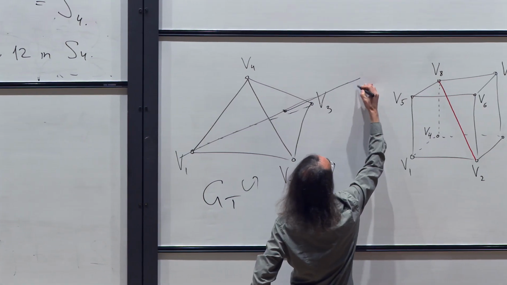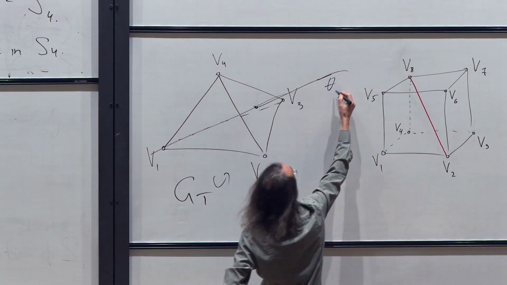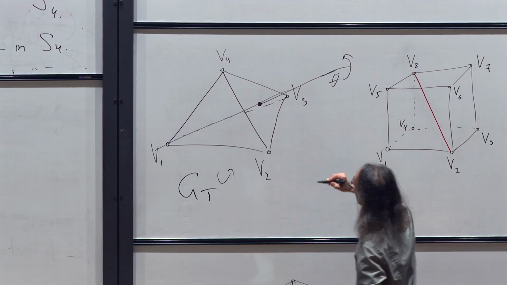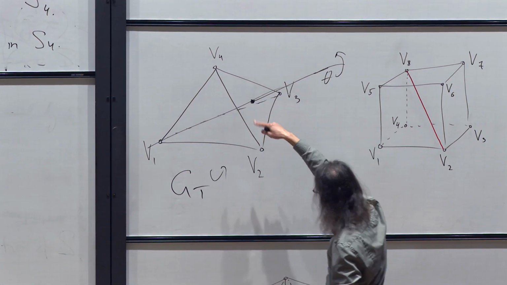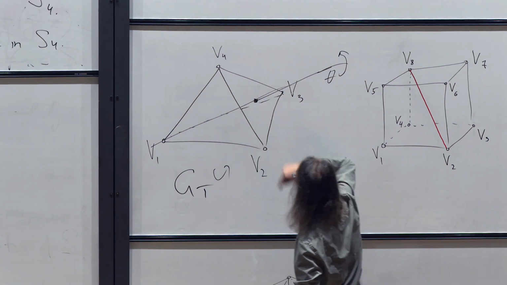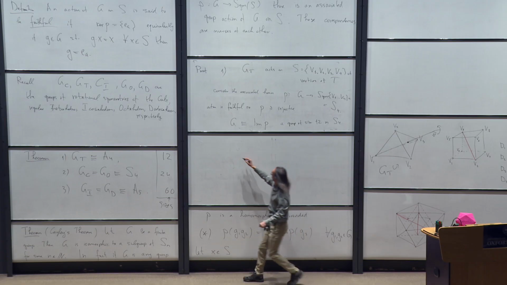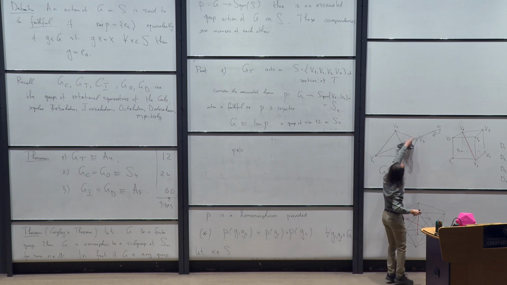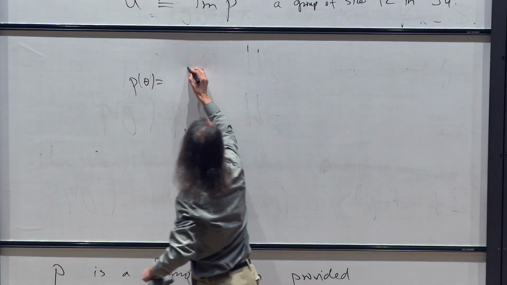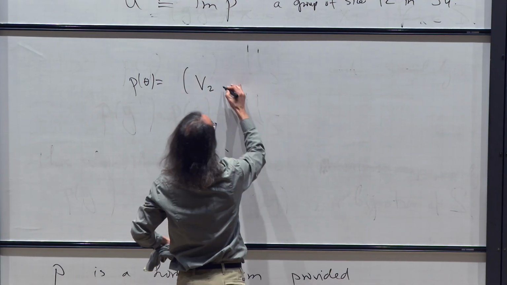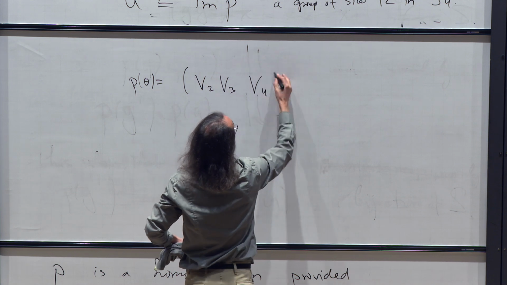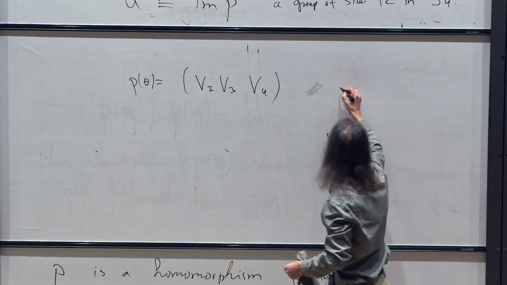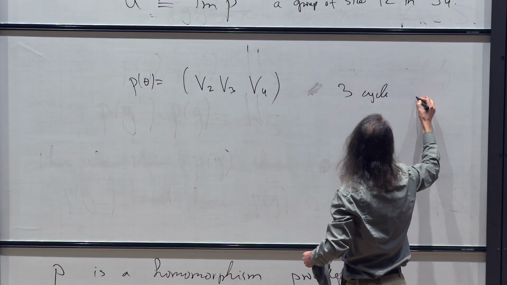So if I have this symmetry theta along the axis that goes through V1 and the midpoint of the opposite face, then rho of theta will correspond to the cyclic permutation of these vertices. It will be the cyclic permutation V2 goes to V3, V4, or its inverse. So it's a 3-cycle in any case. So even permutation.